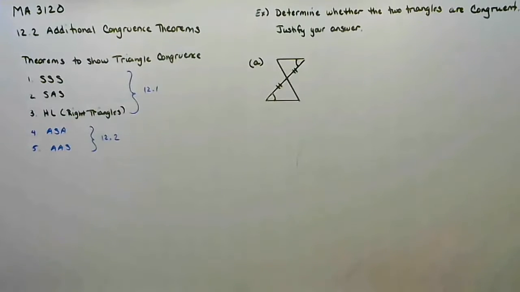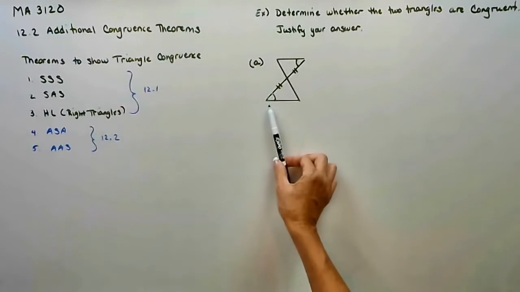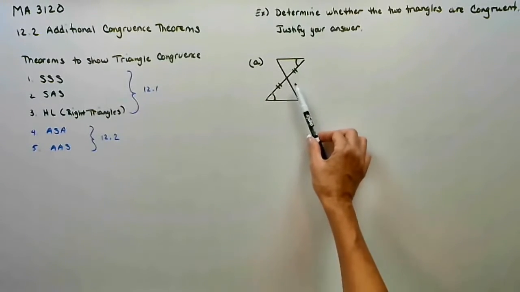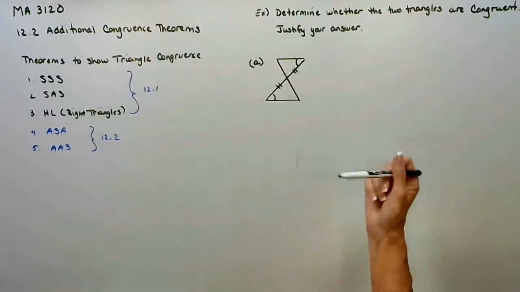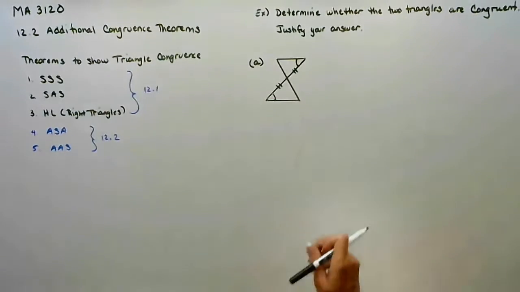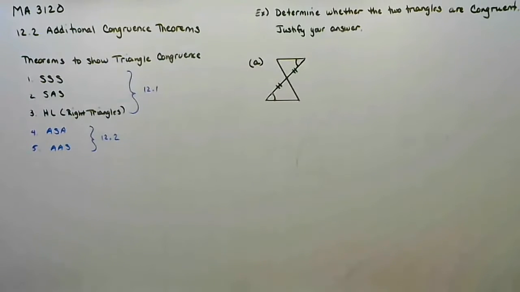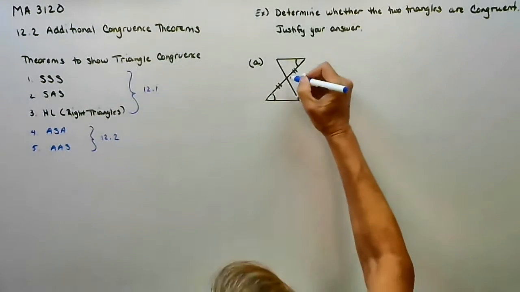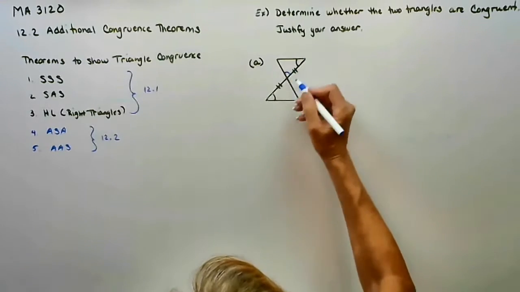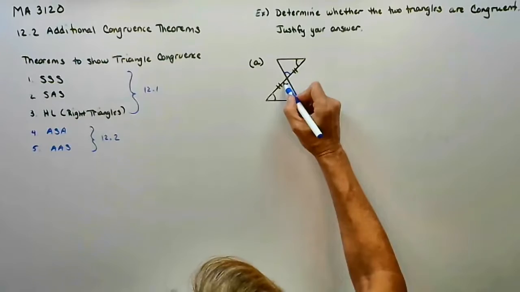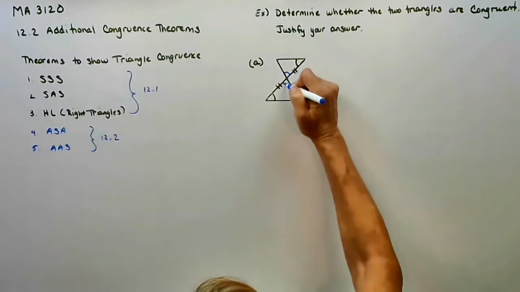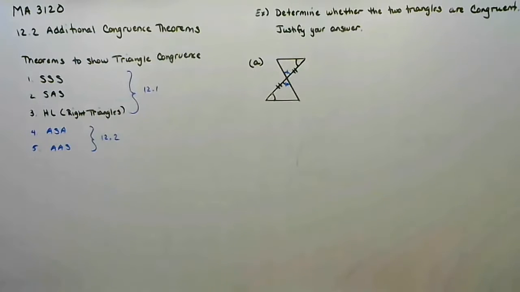Now if I analyze this, I don't know anything about these lines. Okay? If I knew the lines were parallel, then I could use alternate interior angles. But I don't know anything about that. But I do recognize that this angle right here and this angle right here are actually congruent. How do I know that they're congruent? Well, I know that they're congruent because we've identified those in the past as vertical angles. Okay?